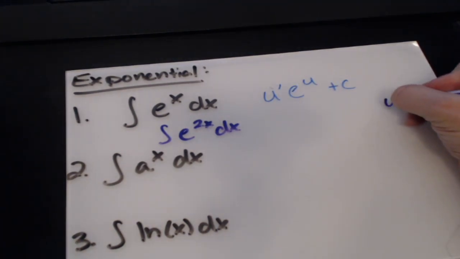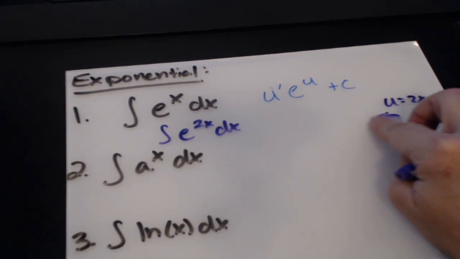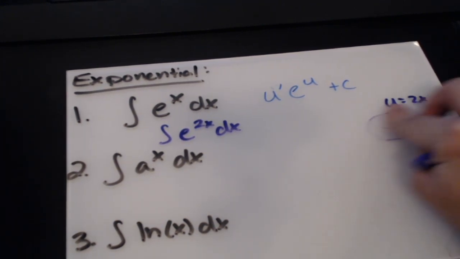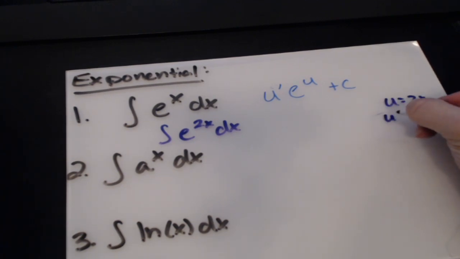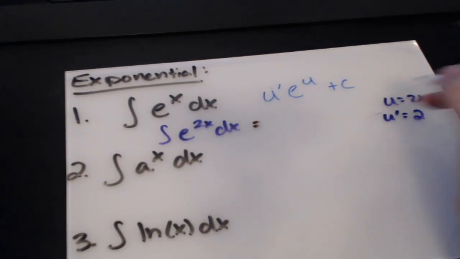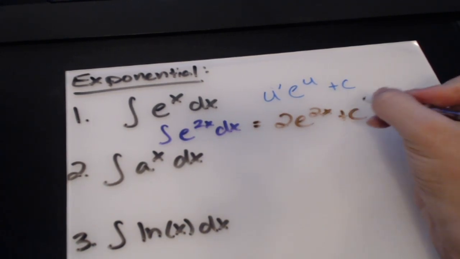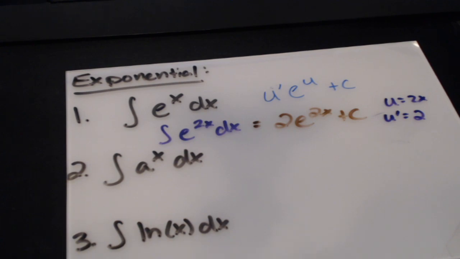So you'd say, u is equal to 2x, and u prime, because I'm really lazy, is 2, and my answer would end up being 1 over 2 e to the 2x plus c. So that's the rule using u substitution, which you learn later on.